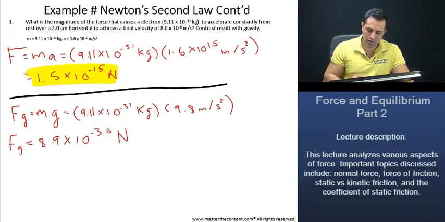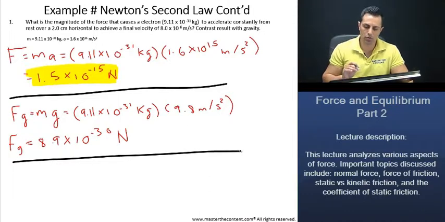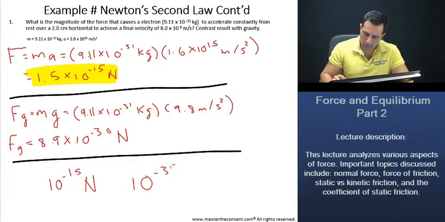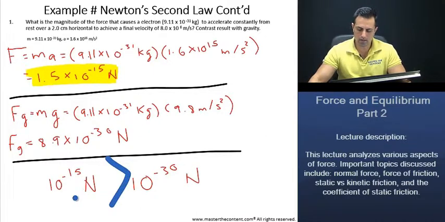Now let's go ahead and contrast our two orders of magnitude. The force that caused our electron to accelerate was 10 to the power of 15 newtons, and the force of gravity is 10 to the power of negative 30 newtons. Now we see here that the force that caused the electron to accelerate is a lot larger than the force of gravity.